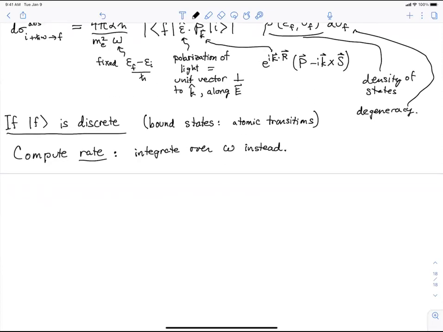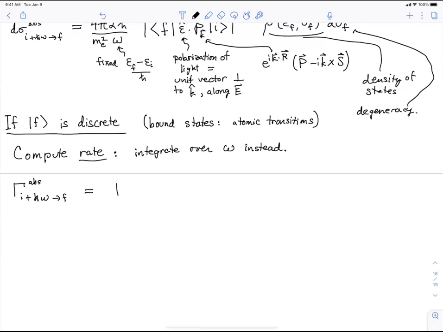Okay, and so let me just write down the answer, which is justified in the notes in more detail, but we'll write it down in a way that hopefully at least makes it plausible. Still doing absorption. So I have initial state plus h bar omega goes to a final state. But now it's going to be proportional to the intensity of the light.